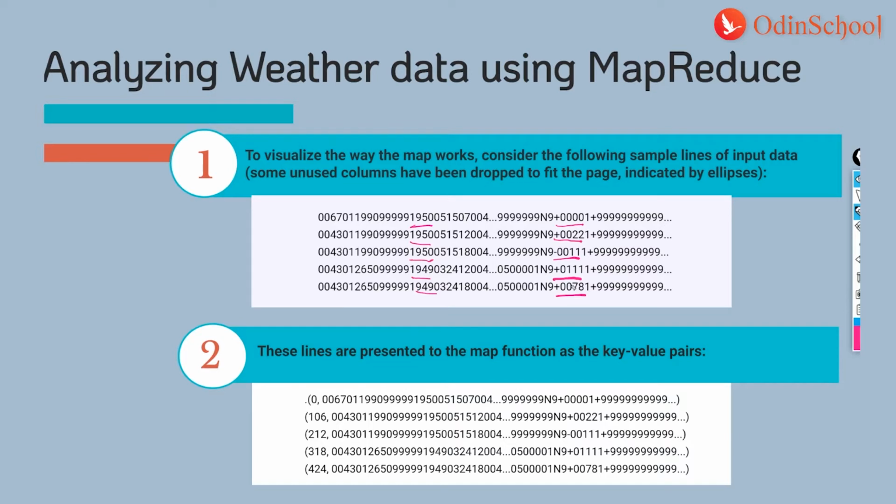So the mapper would get something like this: 0, comma, and this entire line. Then 106, meaning the first line is about 105 characters long, and from 106 we have the second line as the value. Then 212. These are nothing but the character positions for the start of each line, followed by the entire line.